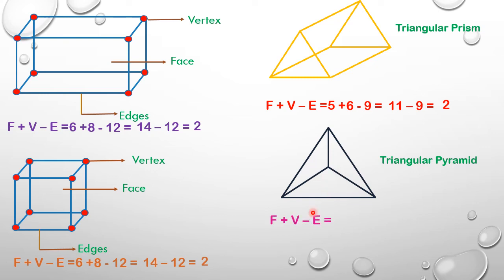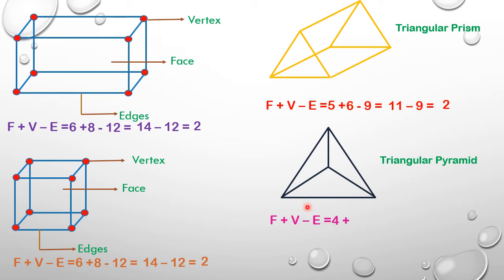F plus V minus E. How many faces here? 1, 2, 3, 3 sides are here. Then the base, the bottom part. So totally 4 faces. A triangular pyramid doesn't have an upper part. So the base, the bottom part, then 3 sides, totally 4 faces.